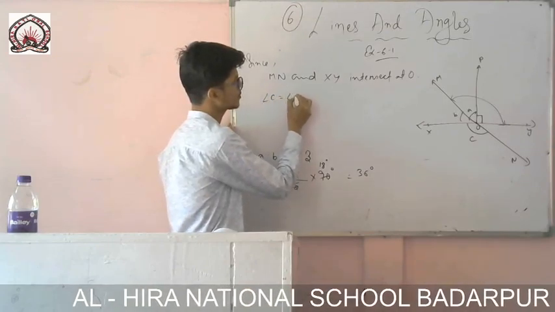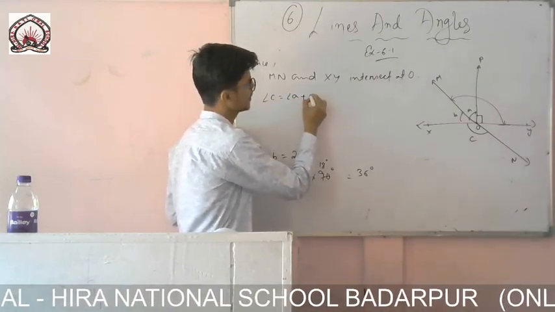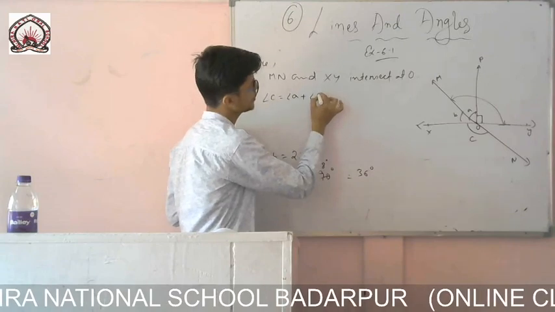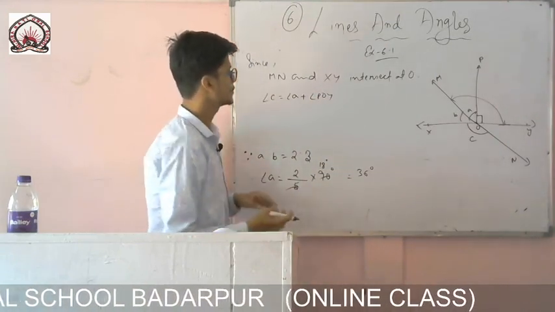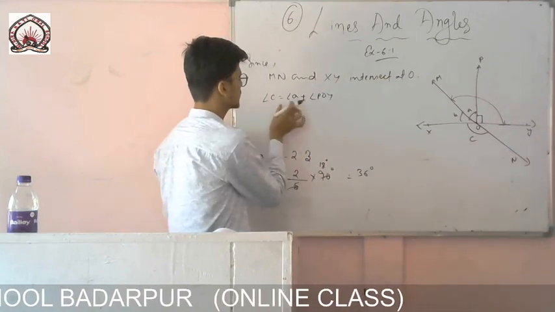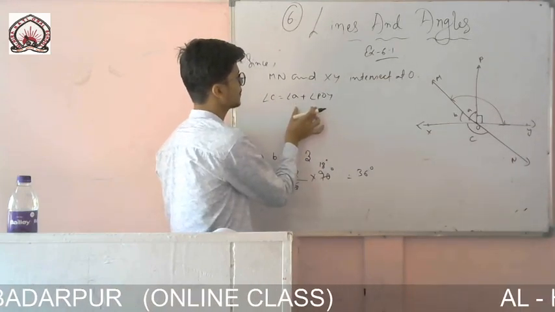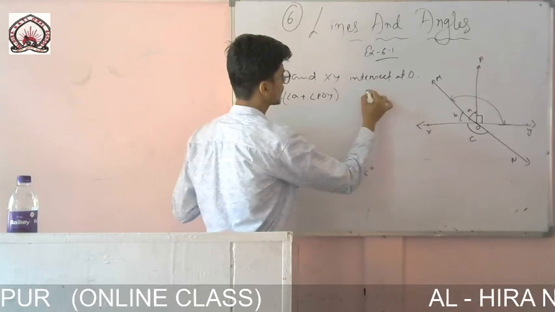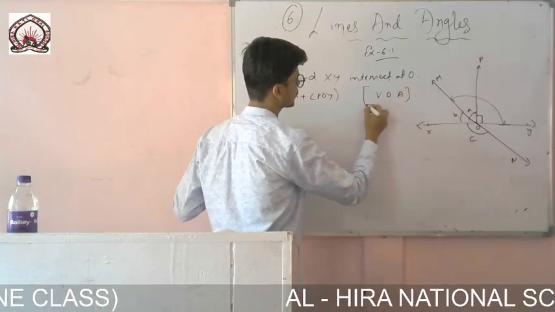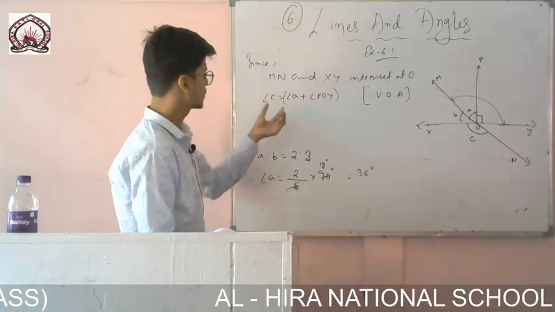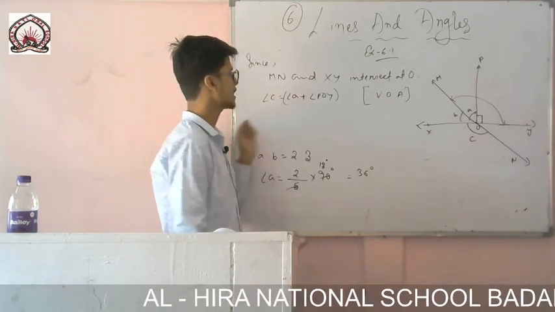C will be equals to angle A plus angle, what is it? POY. Angle C will be equals to angle A plus angle POY. And you write here, since vertically opposite angle, you write it in full, don't write in short form. Okay. So angle C will be equals to angle A plus POY.